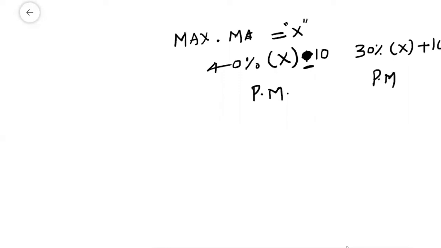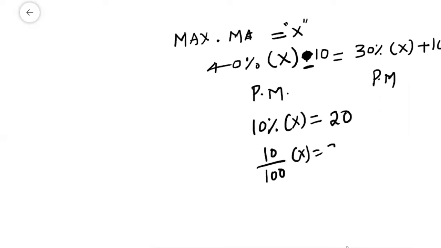So I can say these two are equal. From this you can write 10% of x is equal to 10 going to that side, 20. So 10 by 100 of x is equal to 20. The zeros cancel.